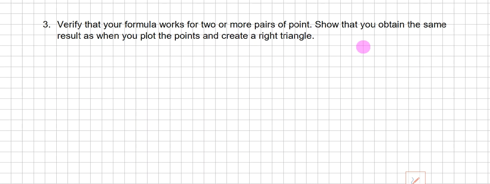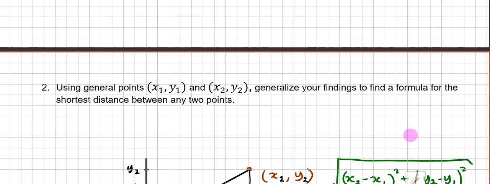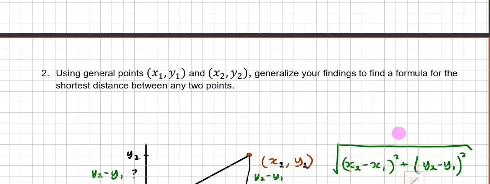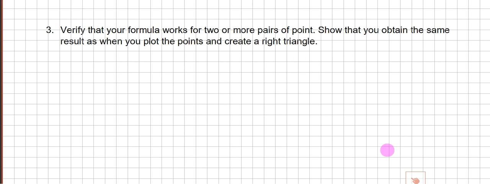Here's my suggestion. My coordinates for part 1 were 1, 1 and 7, 5. So I'm going to check. Point A was at 1, 1. Point B was at 7, 5. So I'm going to say x1 is 1, x2 is 7. Now, you better not be writing mine, because you've got your own numbers, right? You should be putting your numbers.